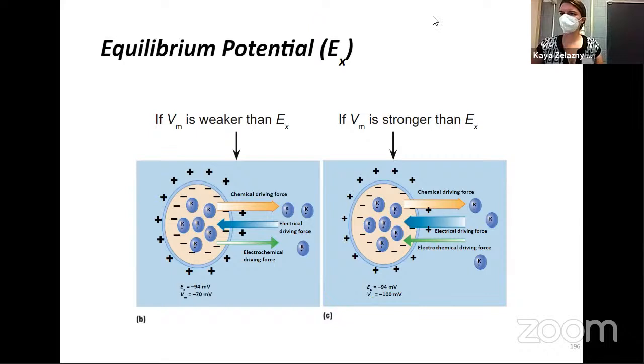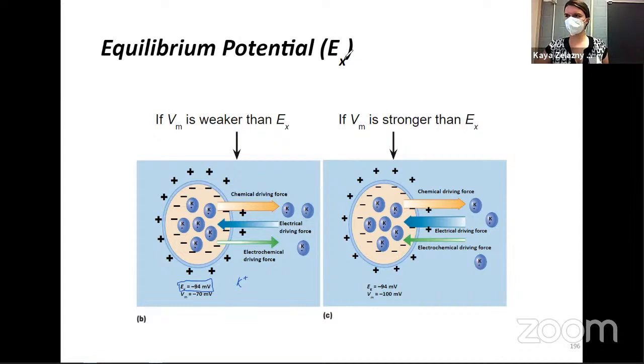So your book talks about it, and you could chart it out this way, thinking about when VM is weaker versus when VM is stronger. I would like to propose to you, if we have EK at negative 94, our equilibrium potential for potassium, and we know potassium is a positive ion.